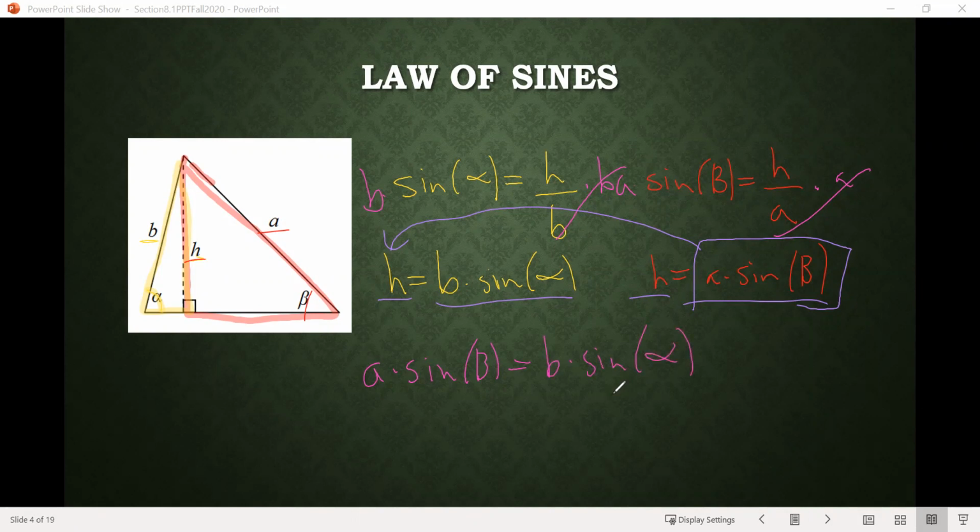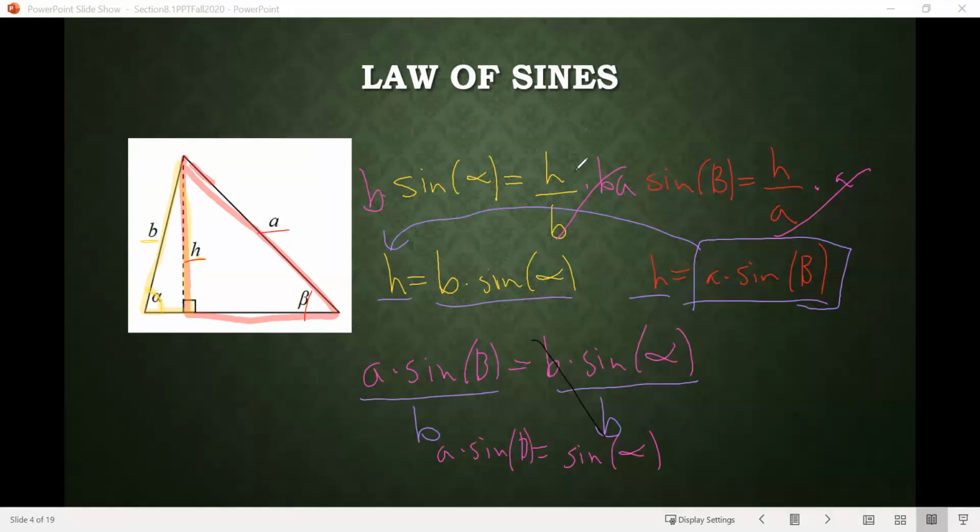And then what we're going to do is divide the lengths of the sides out to each side. So I'm going to divide by b here, divide by b here. So these b's will cancel. And so what we have now is sine of alpha equals a times sine of beta. That's supposed to be a beta.